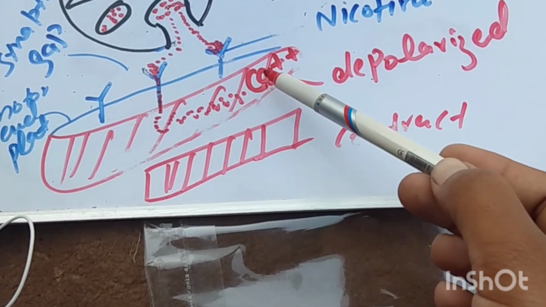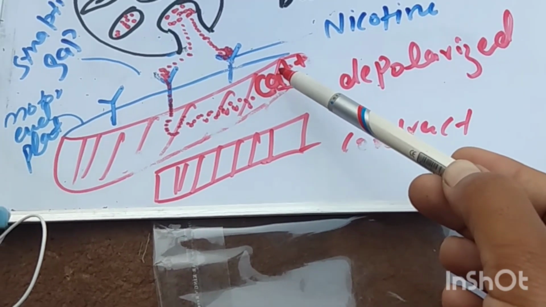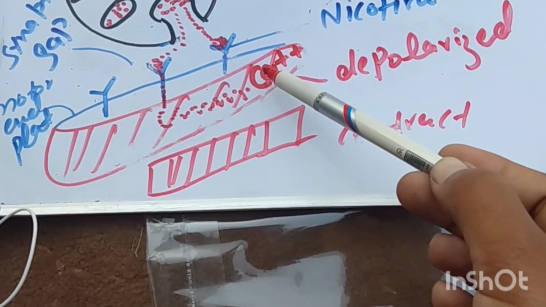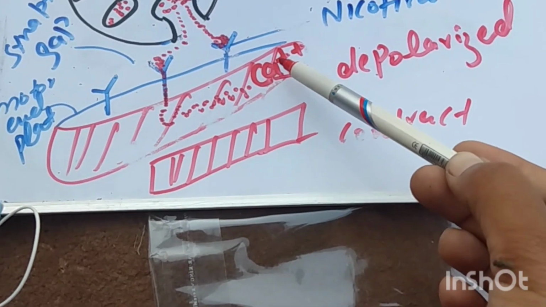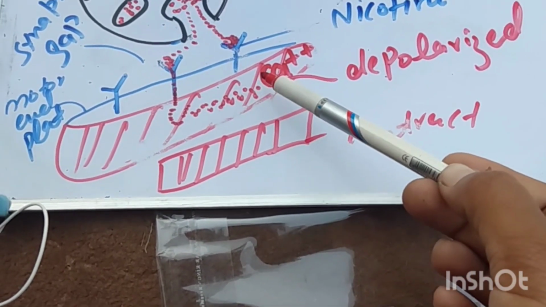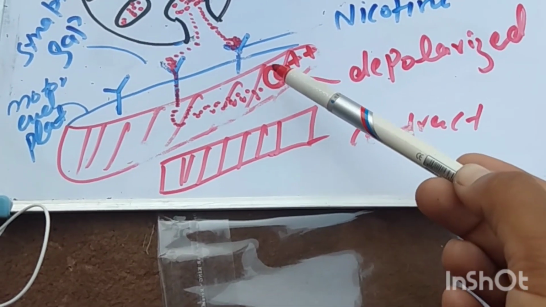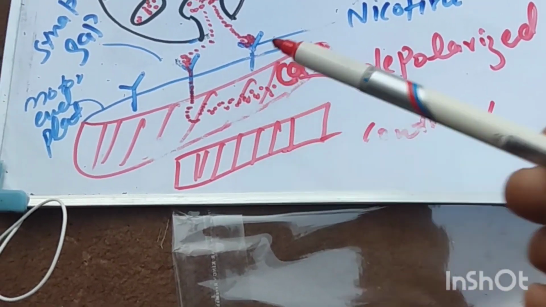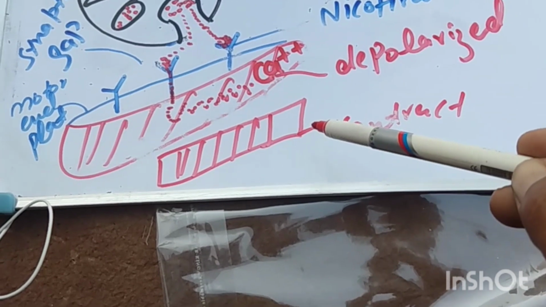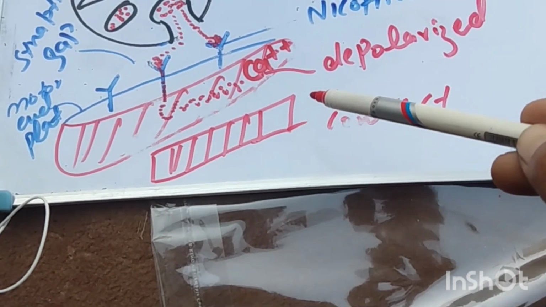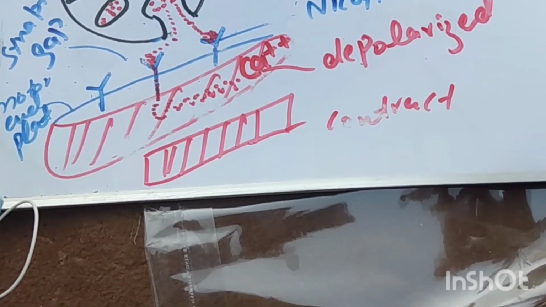These chemicals increase the concentration of calcium ions and open the gate of calcium ions. Due to the increase in calcium ion concentration, muscles contract, and when our muscles contract, we pull our hand, we pull our foot from a dangerous place.